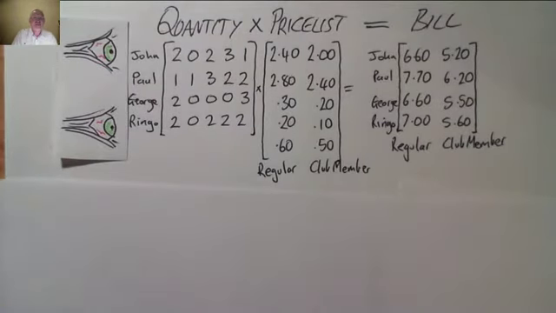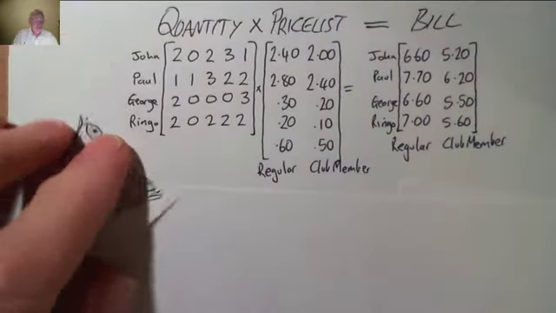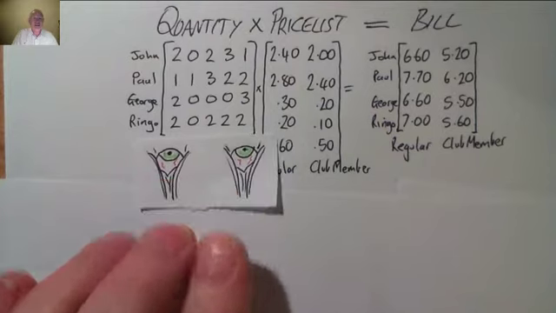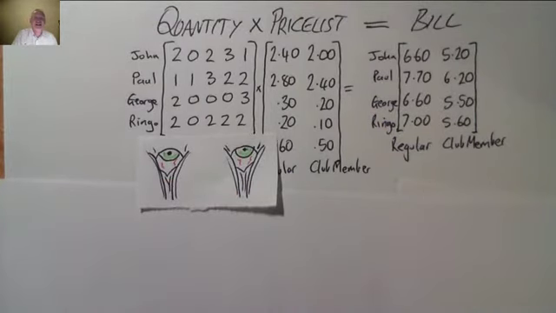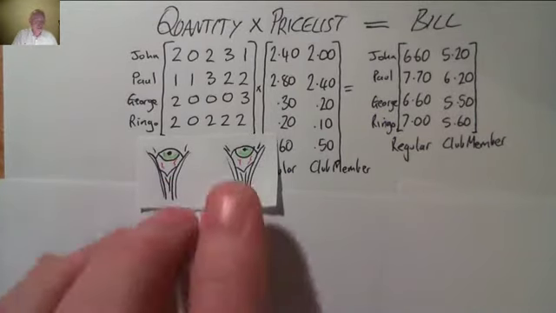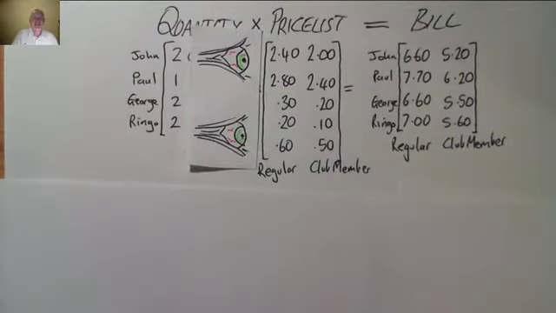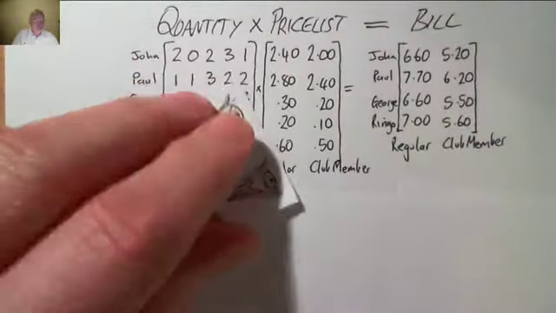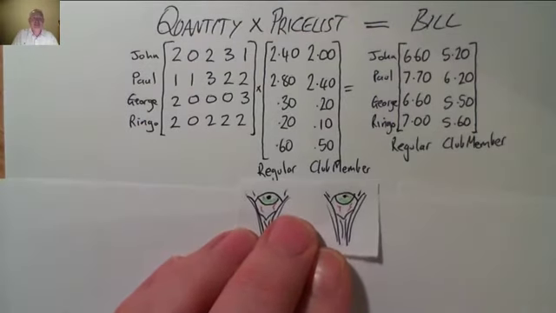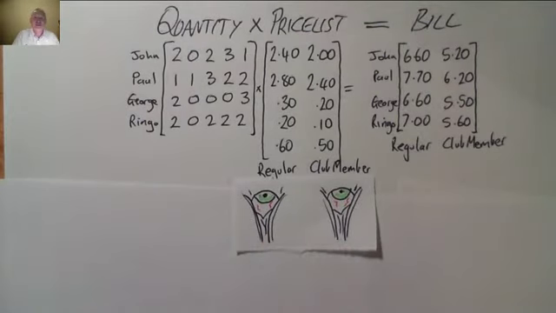If I turn my eyes around and look this way, I can see that there are 5 columns, but I can't tell that there are 4 rows. And if I look at the second matrix on the right hand side, I can see that there are 5 rows, but I don't know how many columns there are. If I turn it around this way, I can see that there are 2 columns, but I don't know how many rows there are.